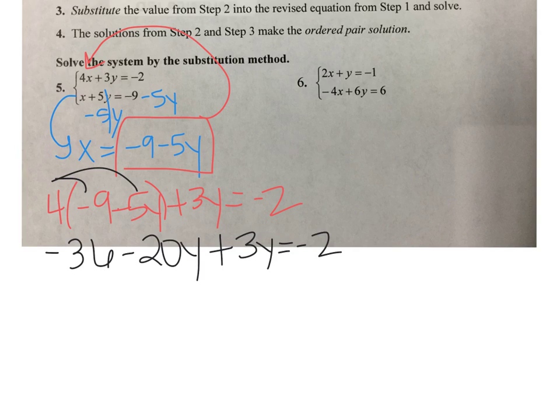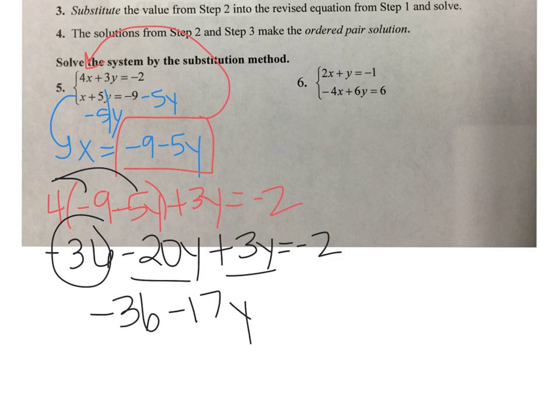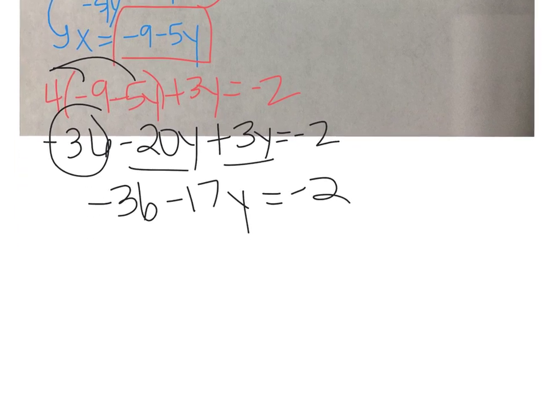Okay? So I'm going to go ahead and combine -36 with nothing. I'm also going to combine -20y and positive 3y, which leaves me with 17 negative y's, which equals -2. What we're left with is a two-step equation.